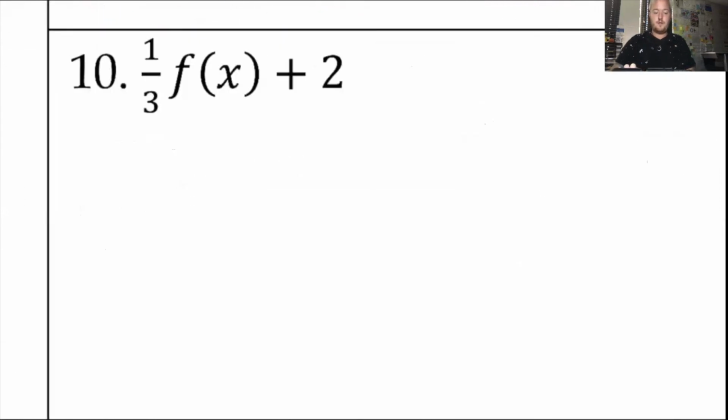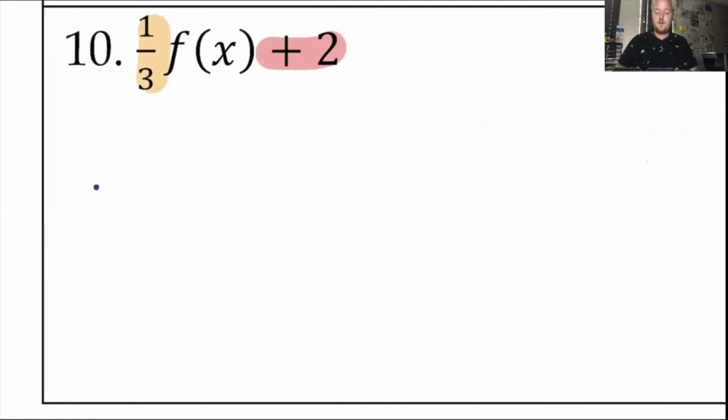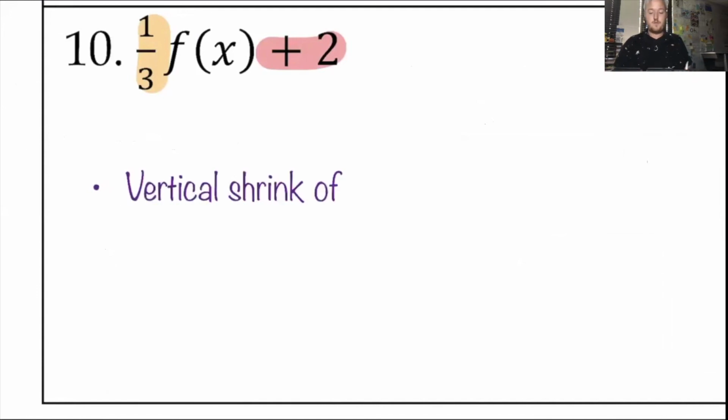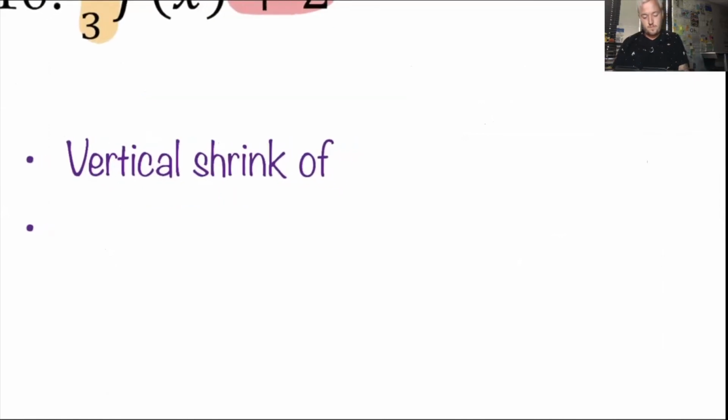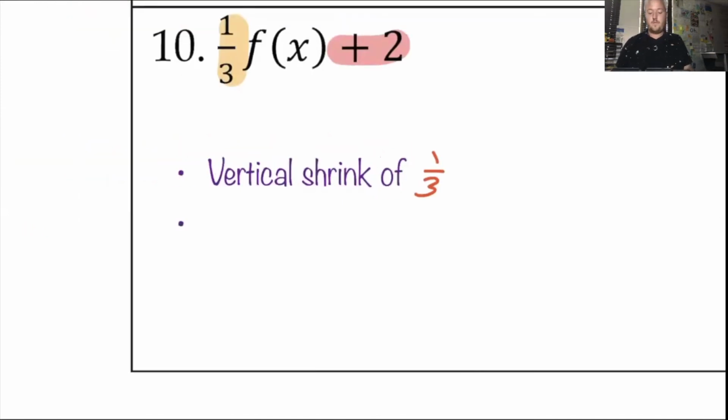All right, over here, number 10. So we have our two transformations. We have the 1/3 that's out in the front that impacts our slope, and then we have the plus 2, which impacts our b value. So in this case, the 1/3 is less than 1, so this is a vertical shrink of 1/3. Then over there, we have that plus 2, so that means this is going to be a shift up 2 units.